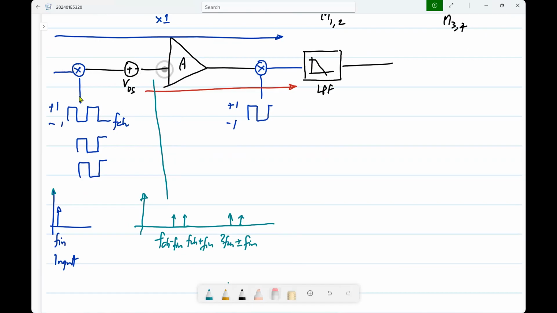What happens is, earlier when the input was applied without any of this chopping, the input signal was getting multiplied by the low frequency gain or the DC gain of the filter. Now it will get multiplied by the high frequency gain, okay, which can attenuate. So chopping is not exactly the same for every circuit as without chopping, right? This plus minus 1 works only assuming this A does not introduce any significant filtering over that band of frequencies, including the chopping frequency.